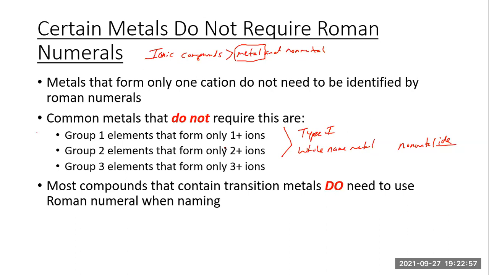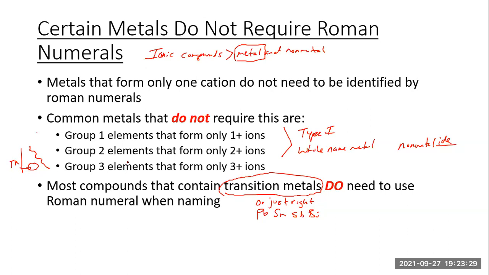When we do get a metal that is in the transition metal region of the periodic table, or just to the right, things like lead, tin, antimony, bismuth, and that area, below the staircase but just to the right of the transition metals, those guys do need Roman numerals.